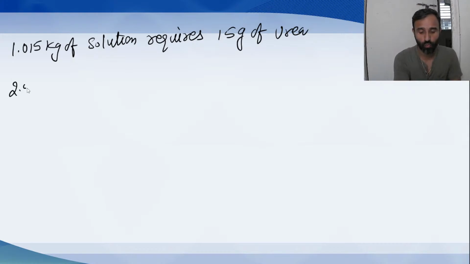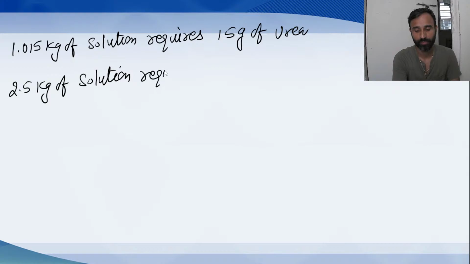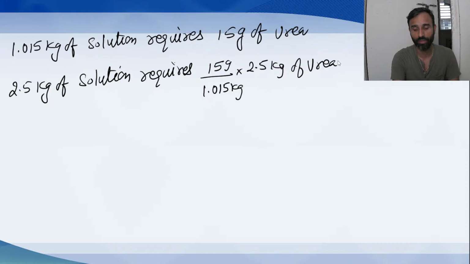So 2.5 kg of solution requires 15 over 1.015 into 2.5 of urea.